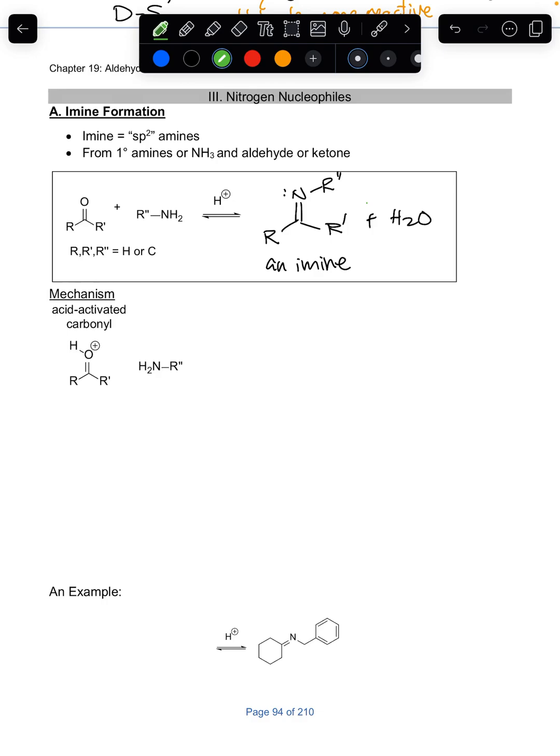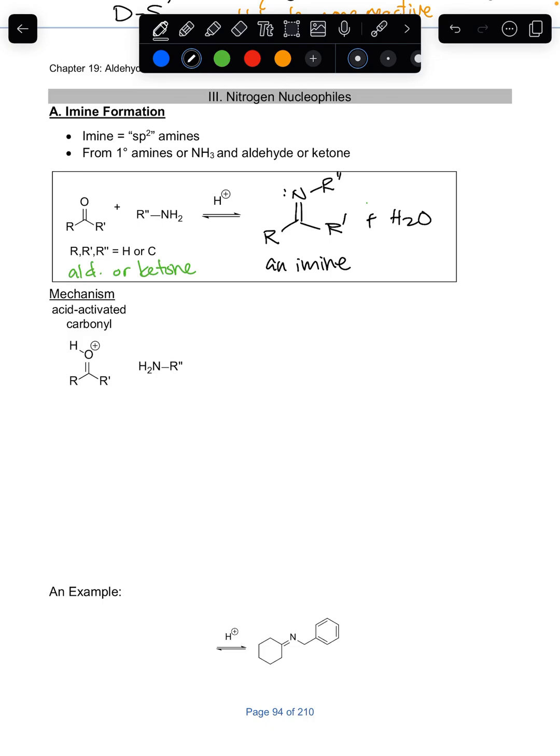If the R and R prime are both carbons, then this would be a ketone. So the takeaway here is that you can make an imine from either an aldehyde or a ketone.